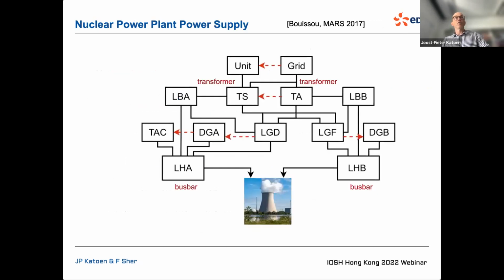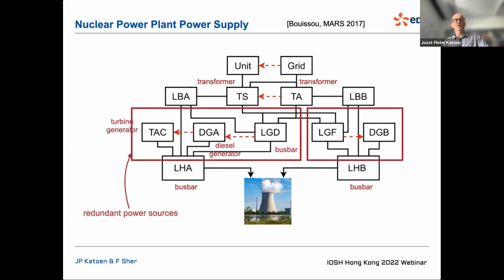And here you see, by the way, a kind of a scheme of this electric power supply. So here you see the nuclear power plant. And this whole scheme is basically the power supply. So the plant can either get supply from the bus bar on the left or the bus bar on the right. You see that there is quite some redundancy. If you look carefully, the two boxes now in the red boxes on the left and on the right are basically redundant.